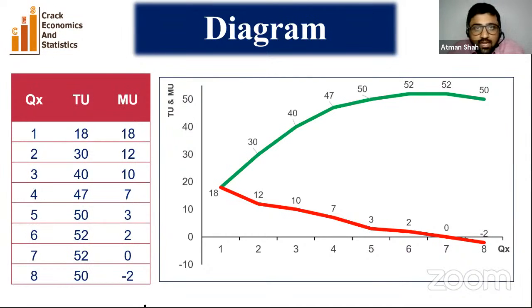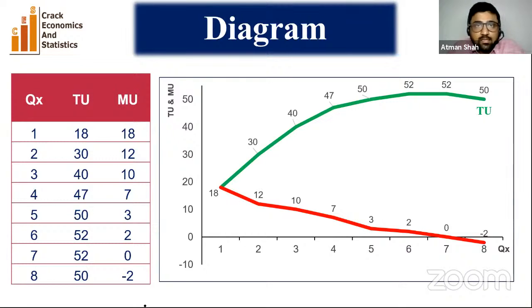So this shows that as consumer increases the consumption of a particular unit, then each successive unit gives the utility with a decreasing rate. At a particular point, there is no marginal utility from that commodity. And if consumer still continues to consume, it derives the negative marginal utility.